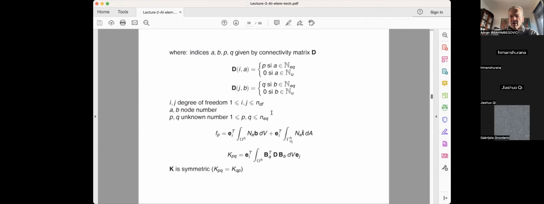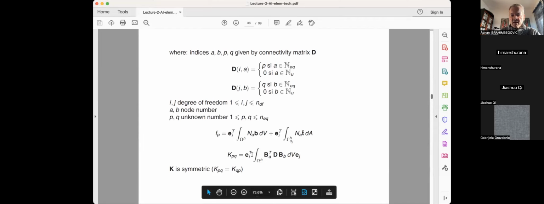So basically, this way you can store all the degrees of freedom in the table, and you can write the equivalent nodal force for the 3D case, and you can write the element stiffness for the 3D case. If you want to extract each and every component, this is the way you do it.